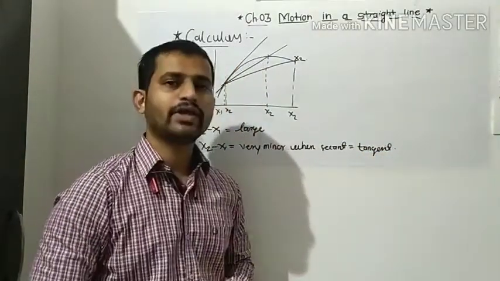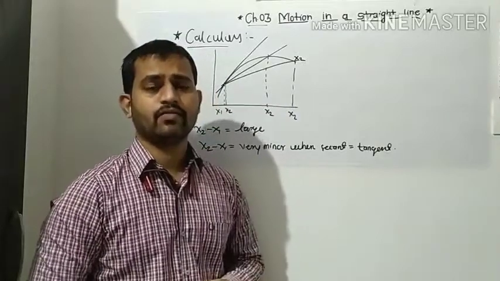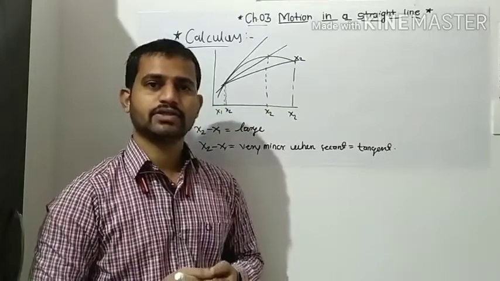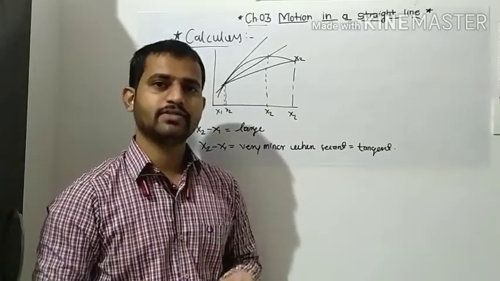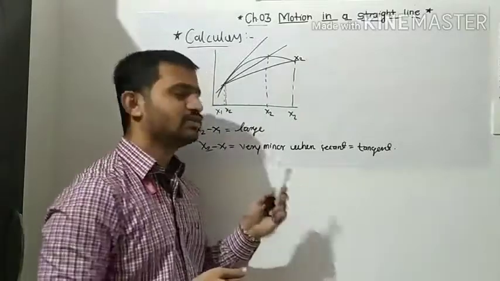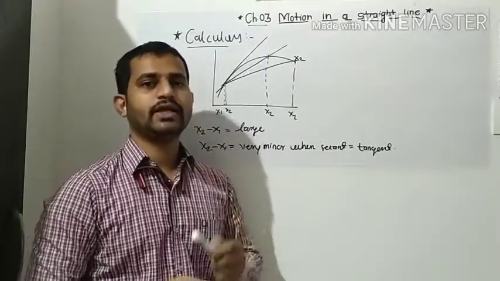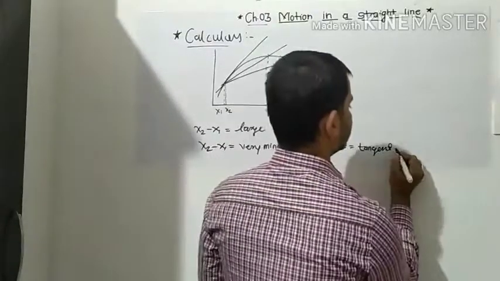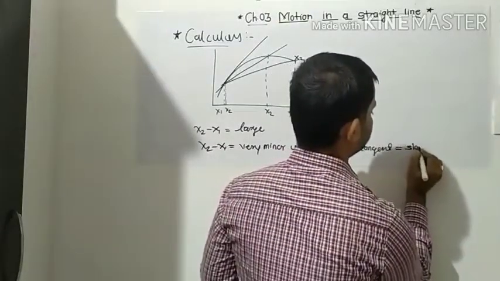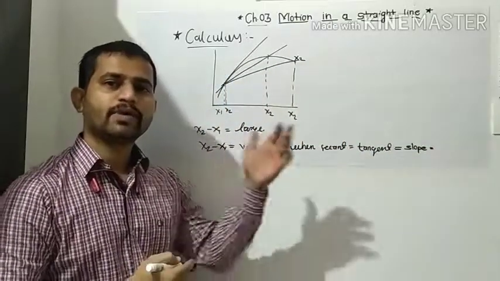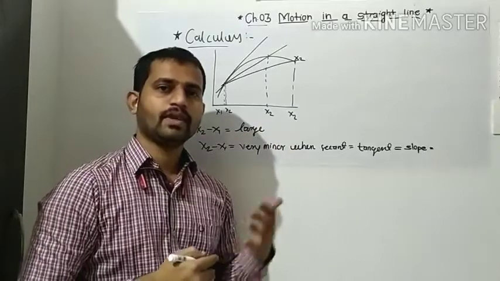And we know what the tangent means on any VT curve or XT curve. Tangent is nothing but the slope. So when the difference x2 minus x1 is very small, the secant becomes the tangent, and the tangent represents the slope. We have seen that slope is nothing but the perpendicular upon the base.